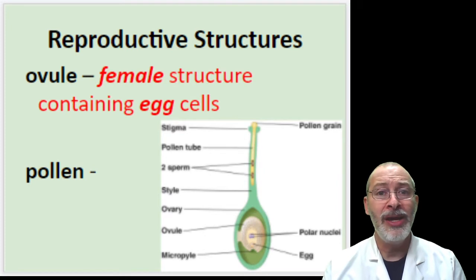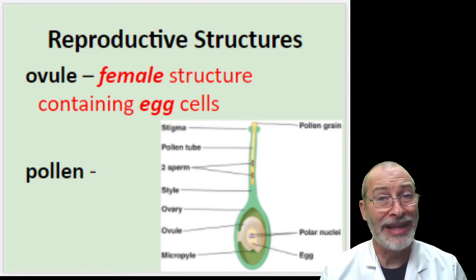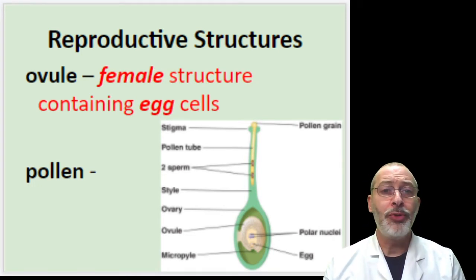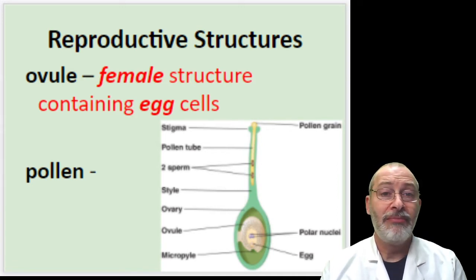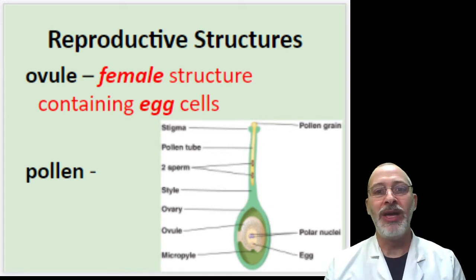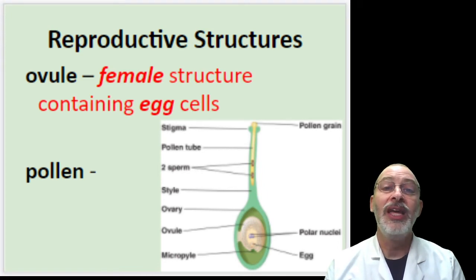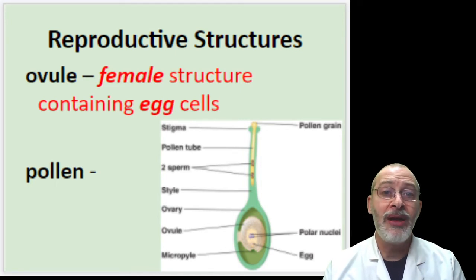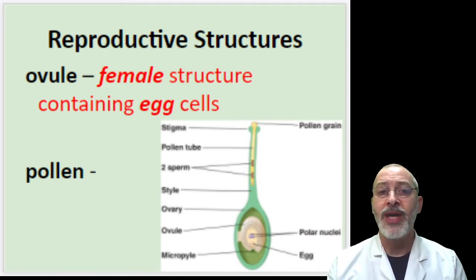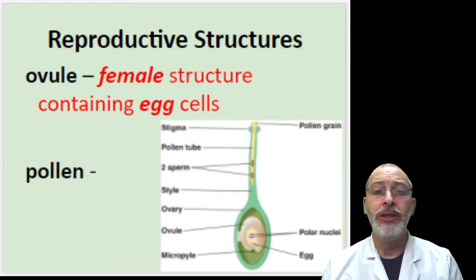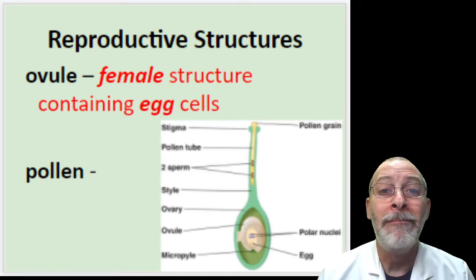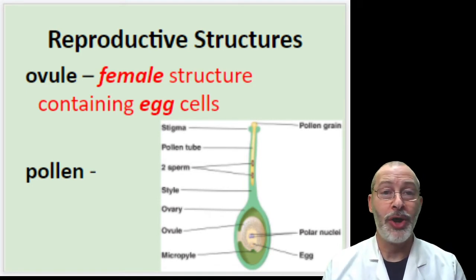And by the way, any organism, whether it is a plant or an animal or a human, if they reproduce sexually, which we do, then there is an ovule, basically a female structure that contains the egg cells. The egg cells are the female component of sexual reproduction. And we talked a little bit about that in the last unit when we talked about meiosis, if you recall.